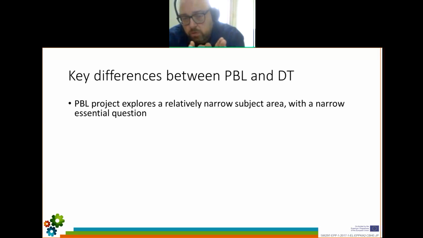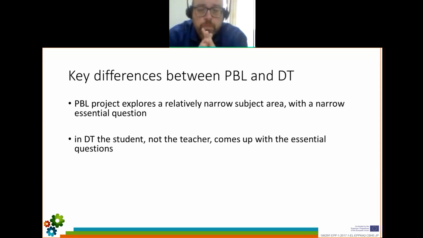So it's bound to be a relatively narrow subject area, whereas design thinking, as we saw before, is something that might end up being very open, because the type of problem might be very different according to the different teams which are working on the problem. Also, in design thinking, it's the student and not the teacher who comes up with the essential question.